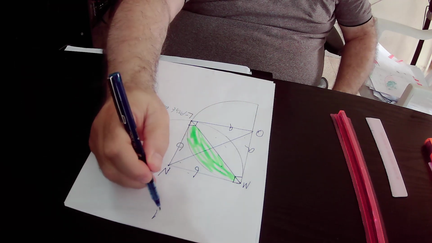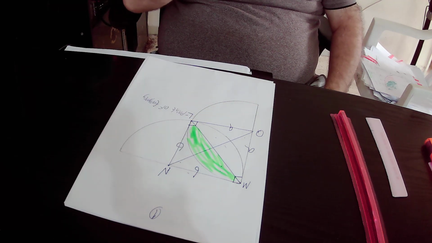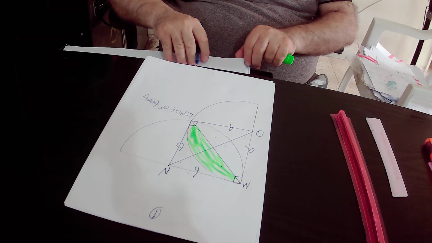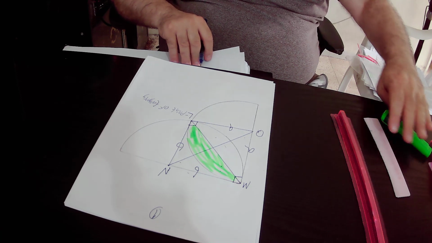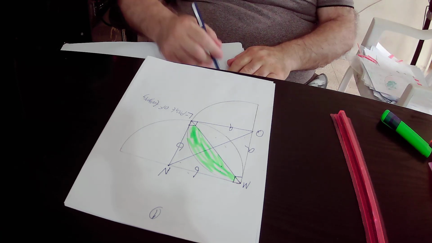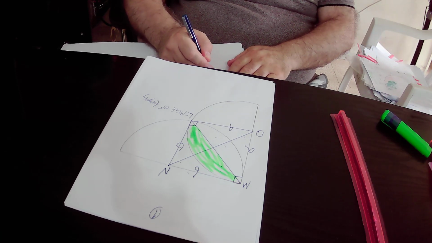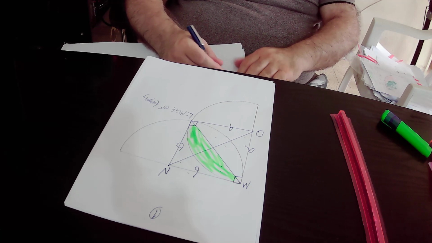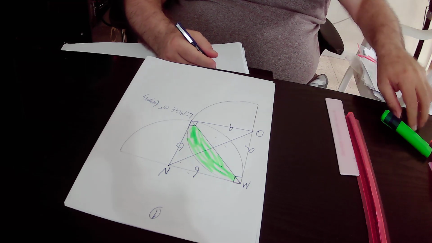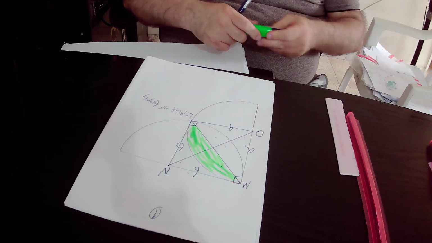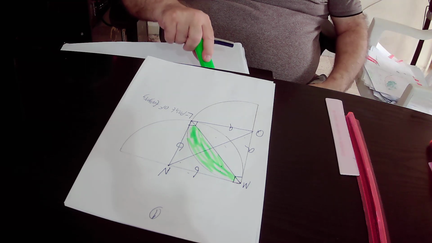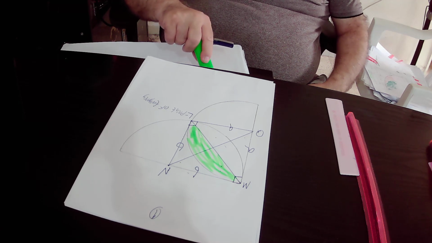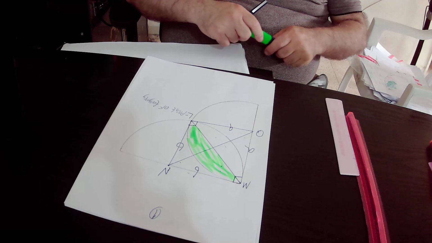So, what is the area of the upper circular segment ML?